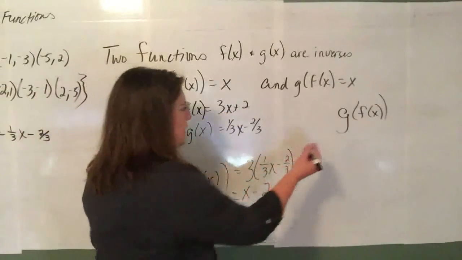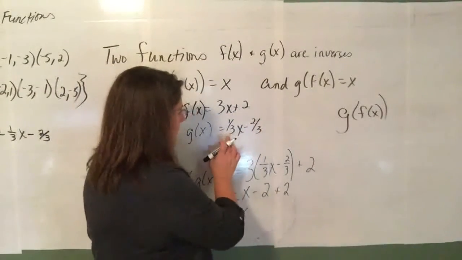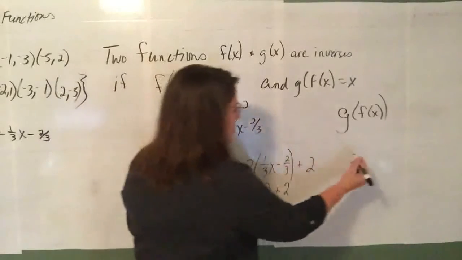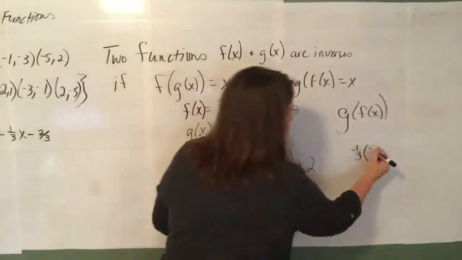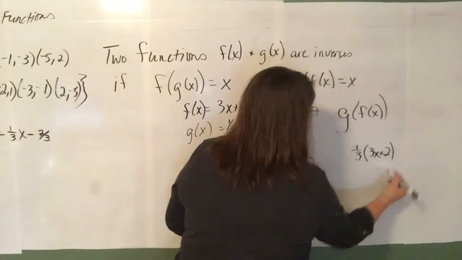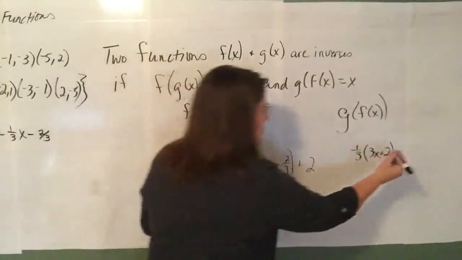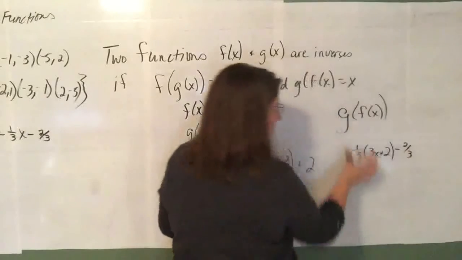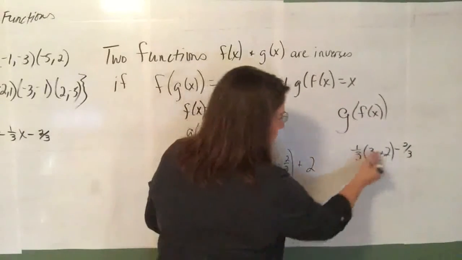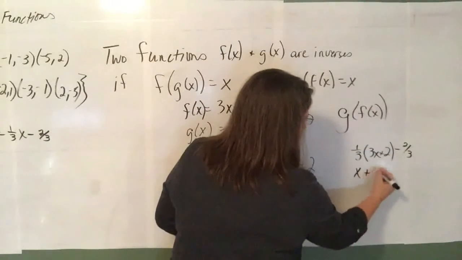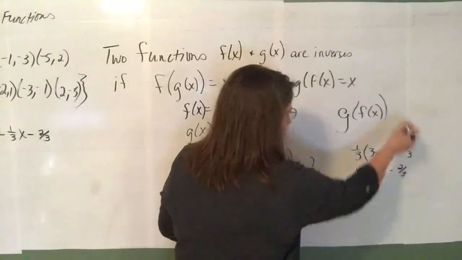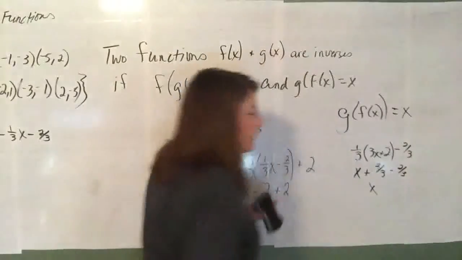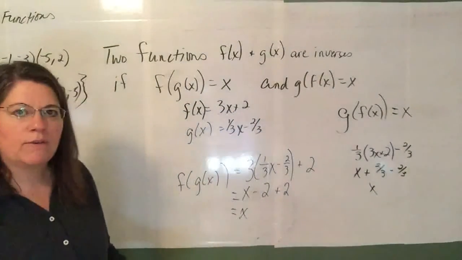So if I do that, I have 1/3 times 3x plus 2 minus 2/3. And this is finding g of f of x. So if I distribute, I have x plus 2/3 minus 2/3. That does equal x, showing me that they are inverse functions.